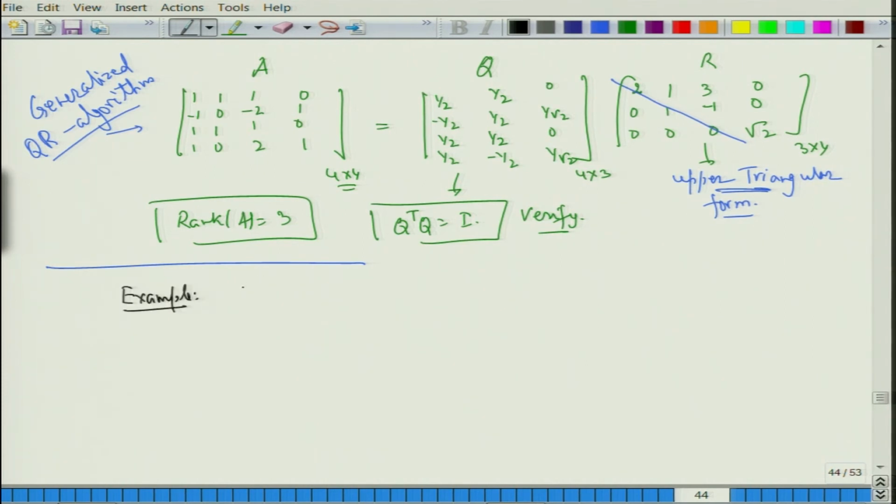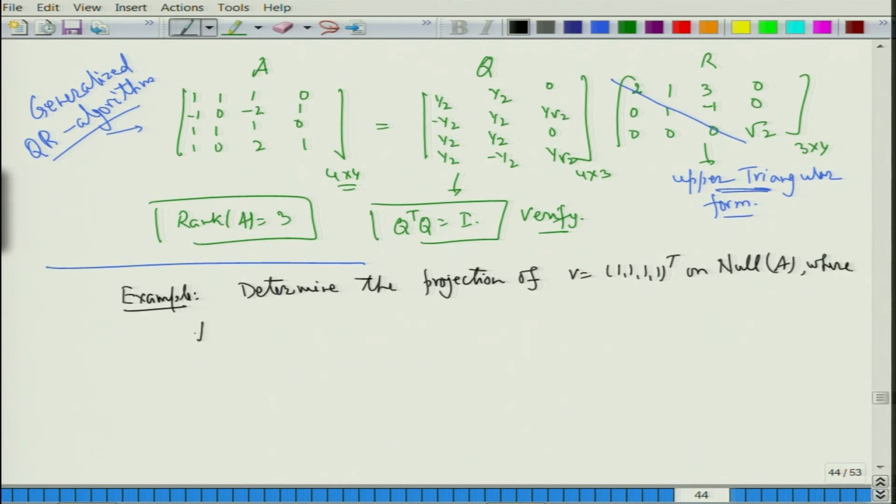Determine the projection of V, which is (1 1 1 1 1) transpose, on the null space of A, where A is the matrix (1 -1 1 -1 1).